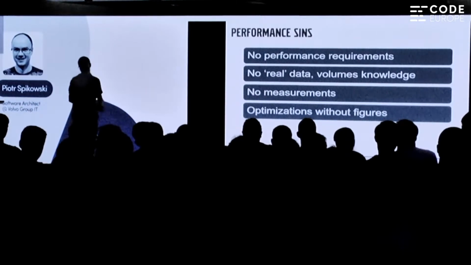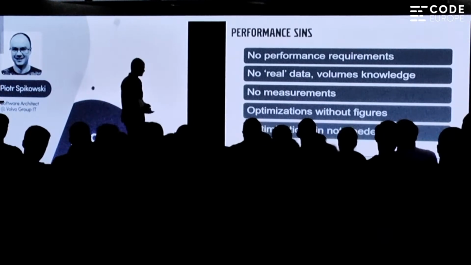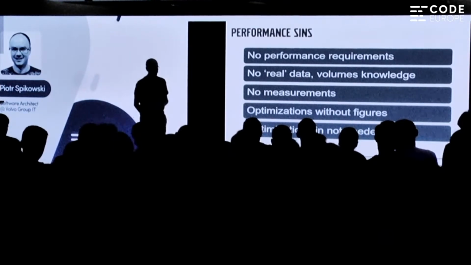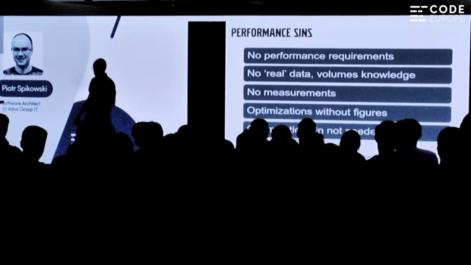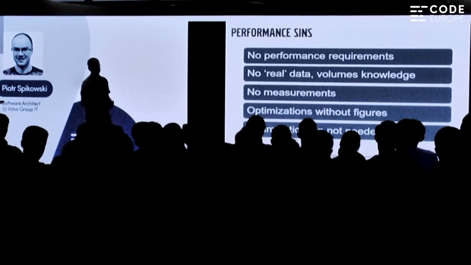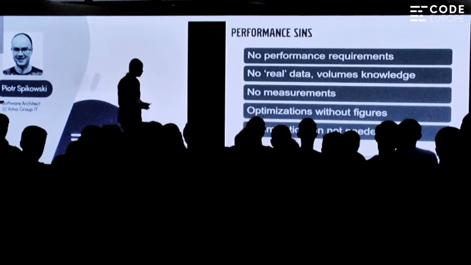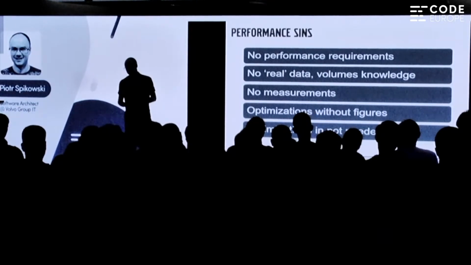Where is the proof then? Do we measure if it's faster or slower? How often do we try to optimize in areas that are not needed? What I mean by that is that it should not be up to the developer to decide where to optimize.